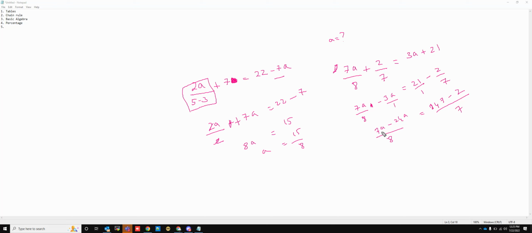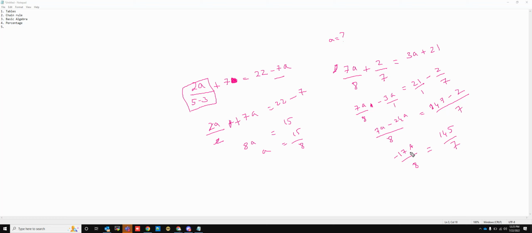So this will be 7a minus 24a. This is positive, this is negative, so you have to subtract. 24 minus 7 is 17. It will be minus 17a divided by 8 is equal to 147 minus 2, which is 145 divided by 7.